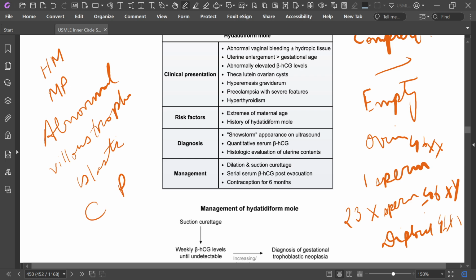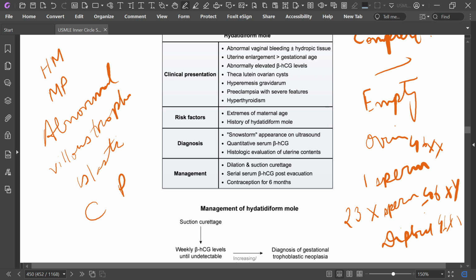In addition, because all genetic material is paternal, a complete mole stains negative for p57 protein, a product of a paternally imprinted but maternally expressed gene.